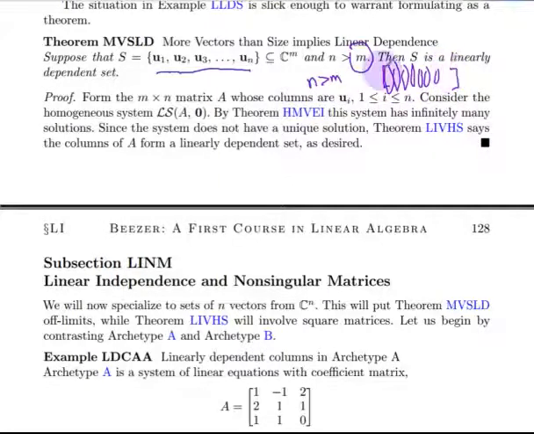Now, why is that? Because you can't have more pivot columns than you have rows. So you must have some free variables. If you have free variables, you have non-trivial solutions to the homogeneous equation, which means that the vectors are linearly dependent. So that all works out as we expect.